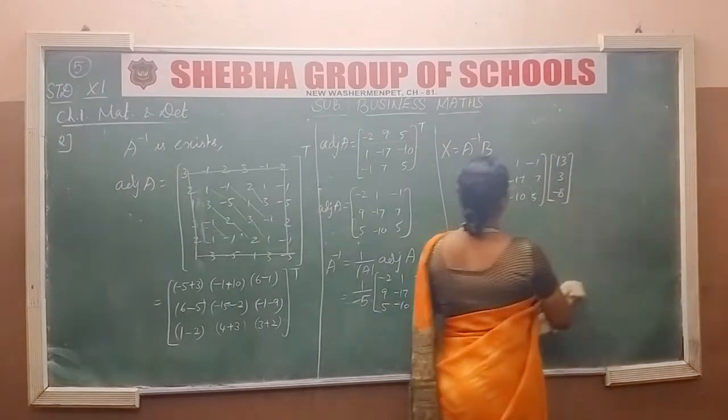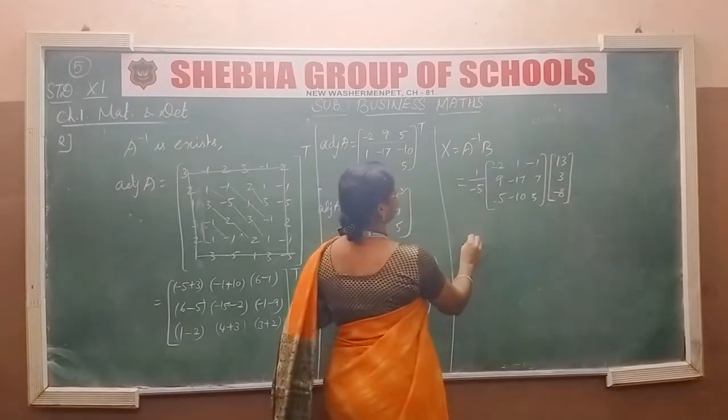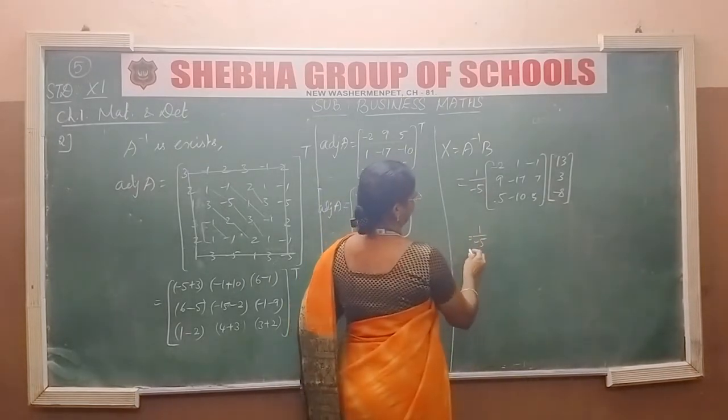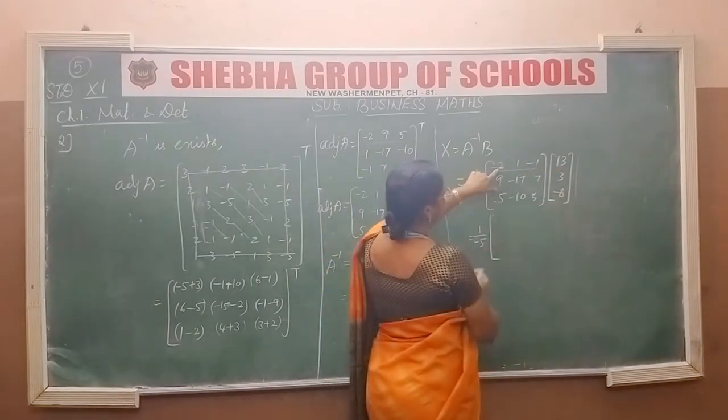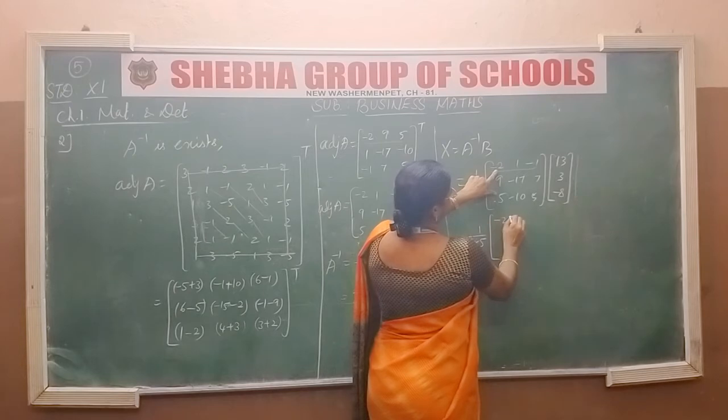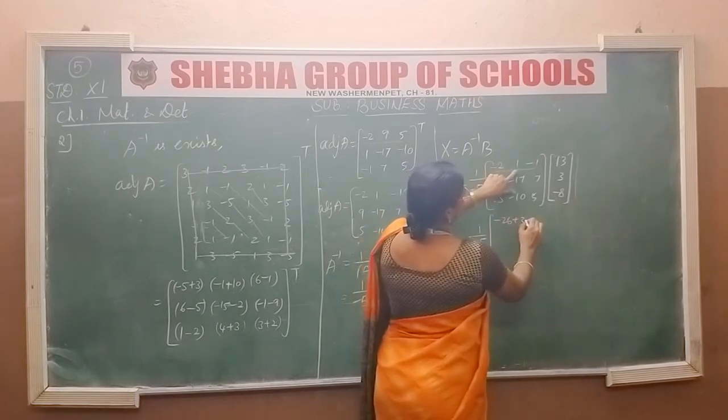Now multiplying these two, we get 1 by minus 5 keep aside and multiplying this, we get this. 13 into minus 2 is minus 26 plus 3 plus 8.